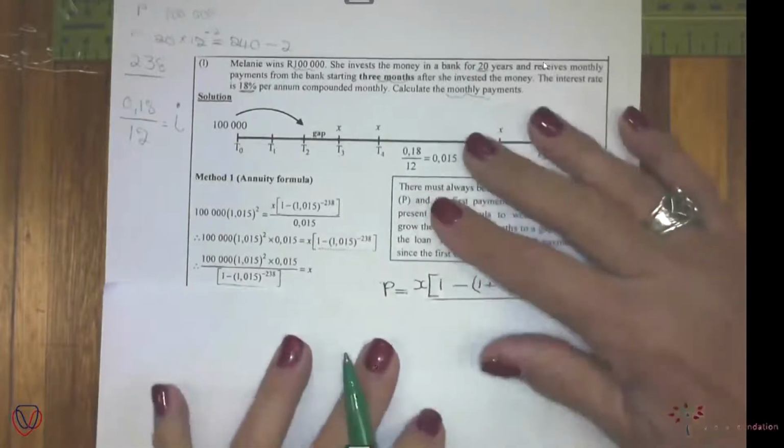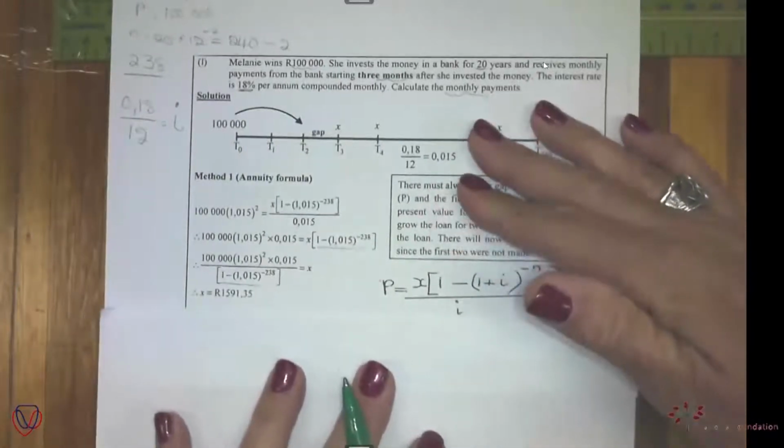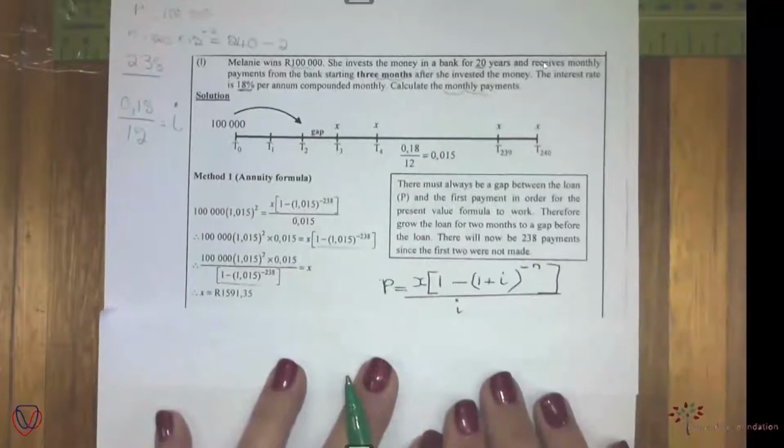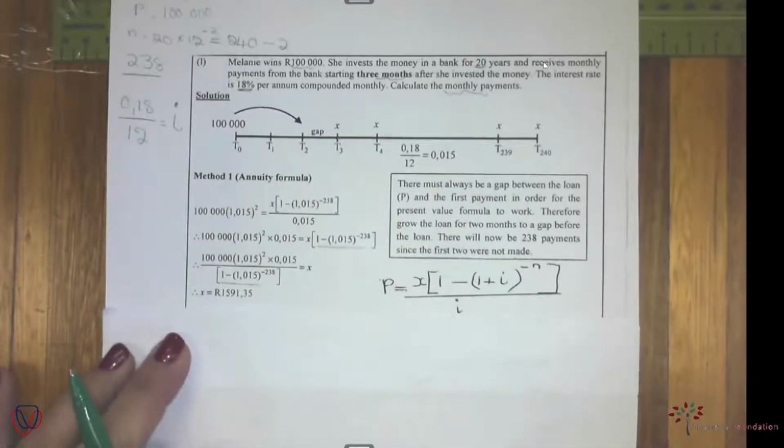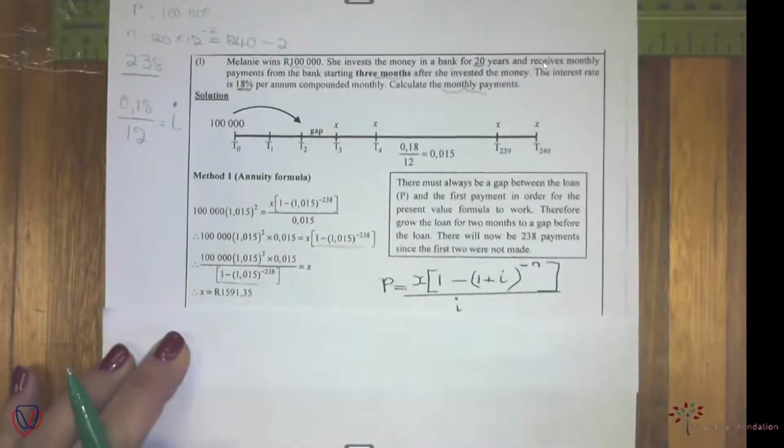Yep. Okay. And then X, if I use my calculator there, will be 1591.35. That is what she's going to get every month for 20 years if she invests 100,000 Rand.